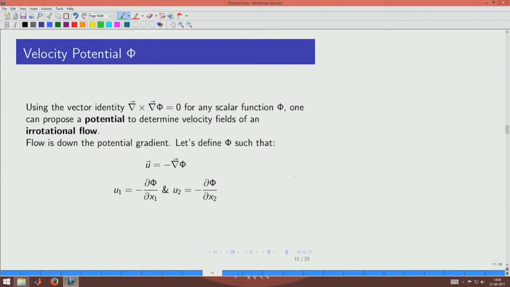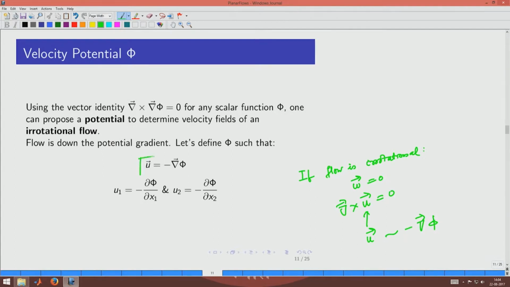So, we saw that if the flow is irrotational, which means that this is 0, or the curl of u is 0, then we know from the vector identities that if this vector happens to be a gradient of a scalar function phi, then it will always be true for any well behaved function phi, and we want to define it with a minus sign.